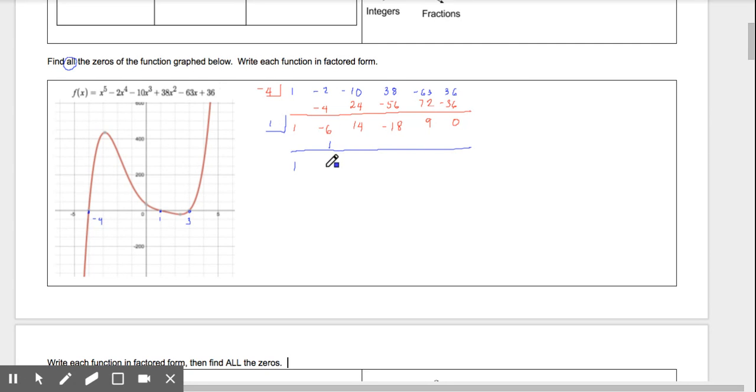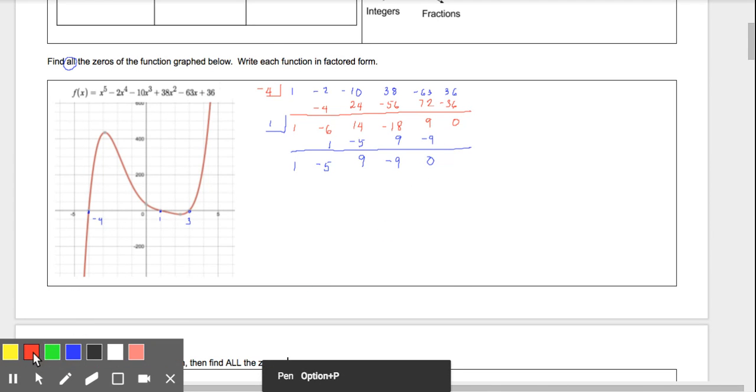Negative 6 plus 1 is negative 5. Negative 5 times 1 is negative 5. 14 minus 5 is 9. 9 times 1 is 9. Negative 18 plus 9 is negative 9. Negative 9. Therefore, we get 0 here.